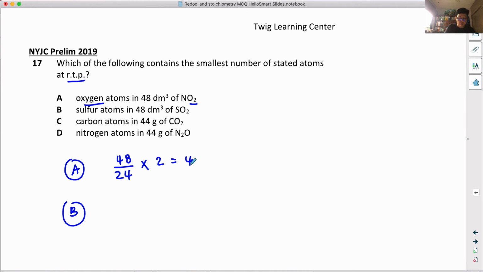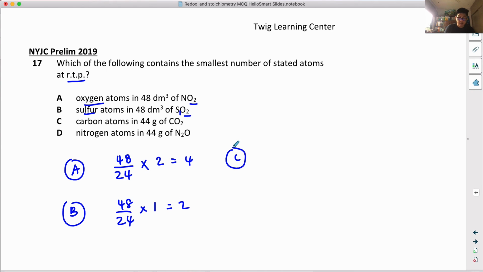This gives you a value of 4. For B, the number of moles of SO2 is this, but they want sulfur, so you multiply by 1, so this value is 2.